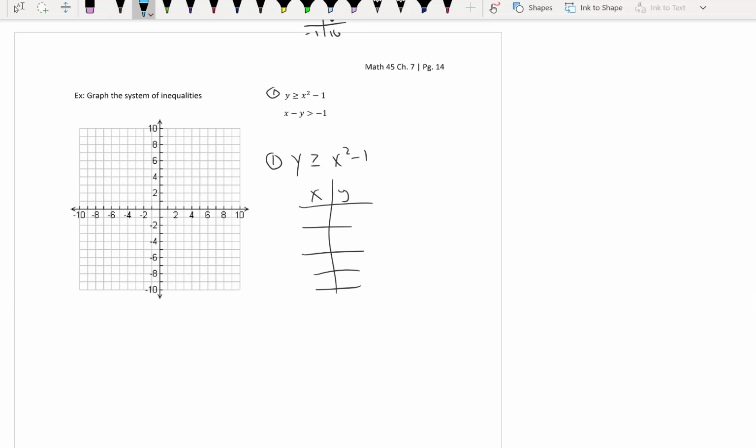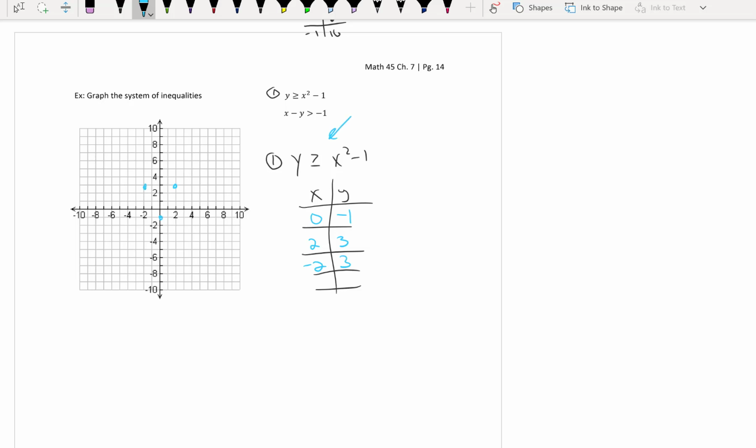So if I plug in some values, if I plug in 0, I would get a negative 1. If I plug in 2, 2 squared is 4, 4 minus 1 is 3. If I plug in a negative 2, that's 4 minus 1, which is a 3. So I have (0, -1), (2, 3), and (-2, 3).